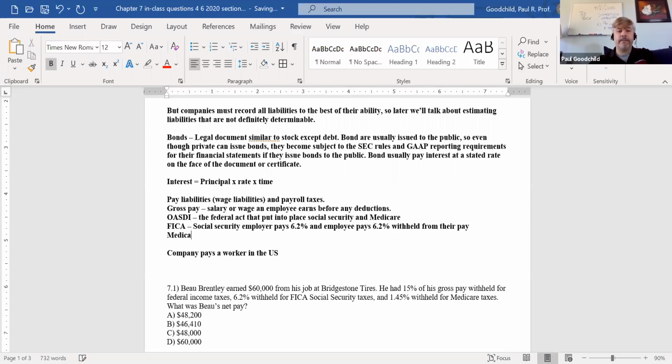Medicare, the employer pays 1.45%, and the employee pays 1.45% withheld from pay.